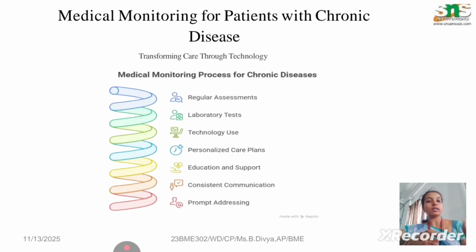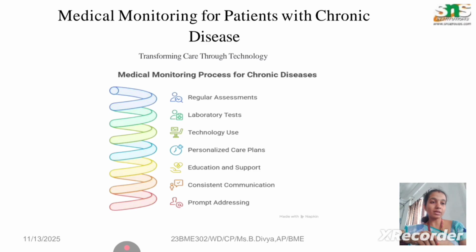Okay, and education and support. How does the education and support system help the chronic disease patients? Consistent communication: how does this technology and the personalized care support the patients to communicate with the system and by themselves?